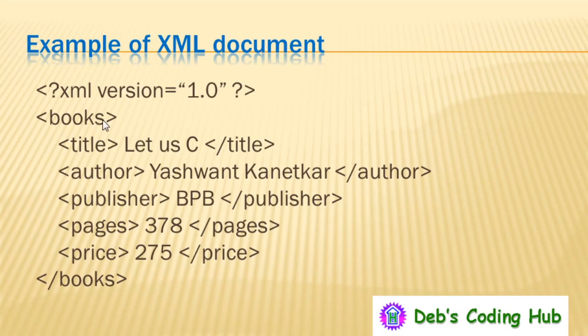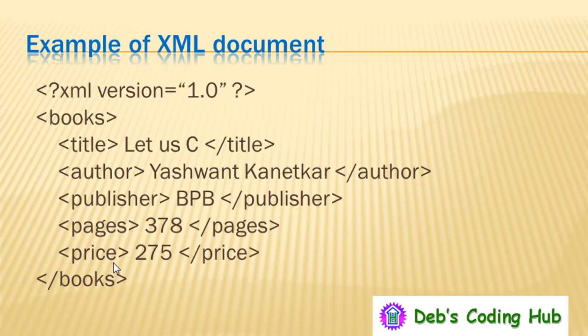So in XML we are writing our own tags. In this example we are defining a book where we have 5 different pieces of information about the book: the title of the book, the author of the book, the publisher of the book, the number of pages, and the price of the book.